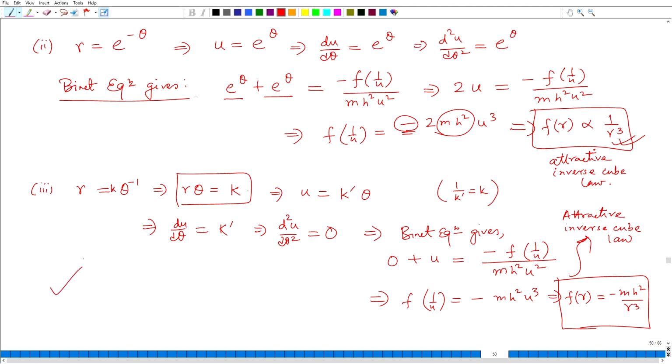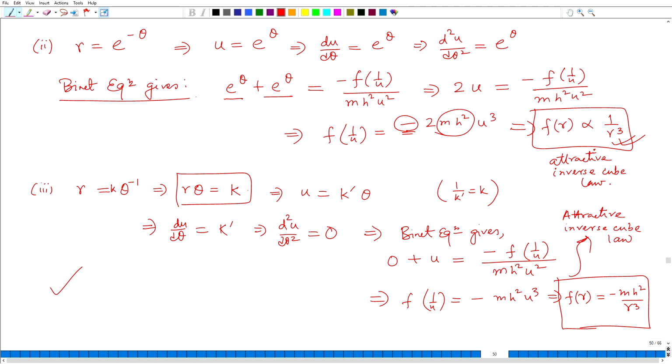It was used deliberately by me as a measure of caution to you that there is no hard and fast rule that you cannot have two different trajectories directly from the same law of force.